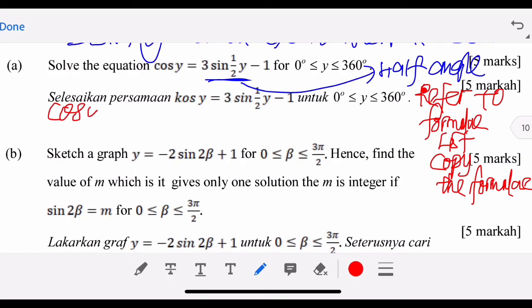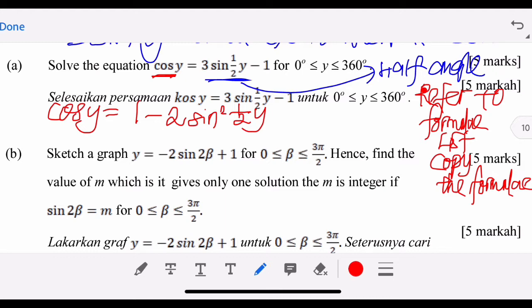Alright, so we are going to substitute cos y with 1 minus 2 sine square half y, right? Okay, so now we need to make sure all the terms are actually sine half y so that we can solve, right?